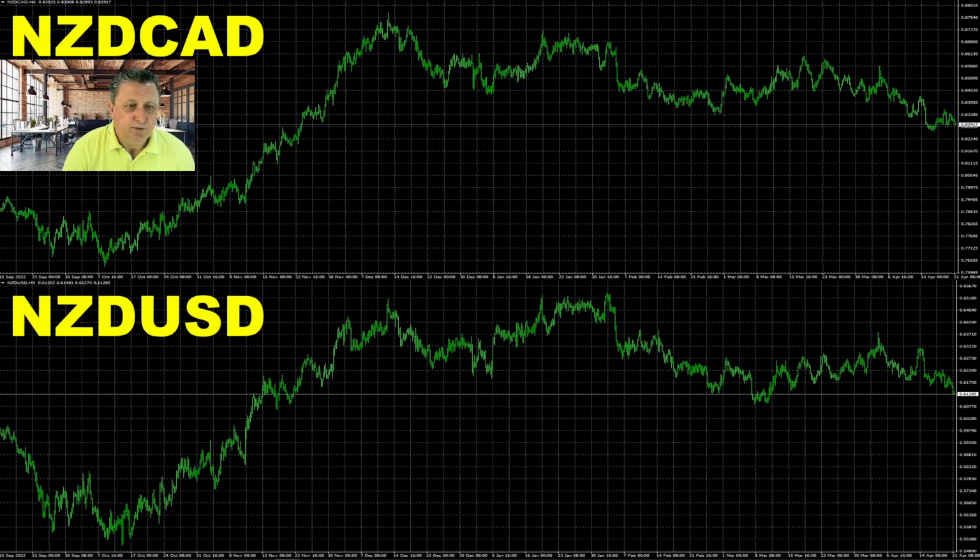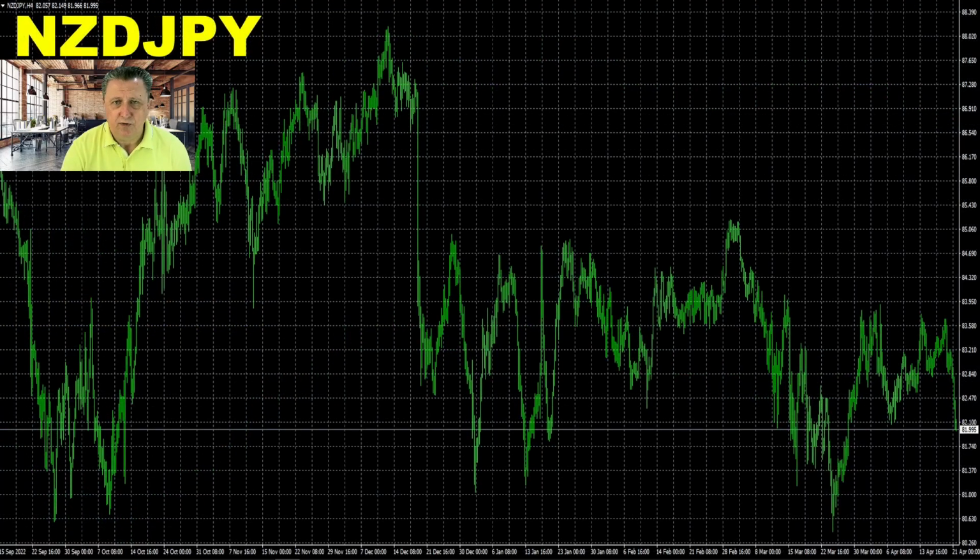So again, if you have a look at the trends, when one goes down, the other one goes down here. When one is moving up, so is the other one. And when they're moving sideways, so are both of them. So these are some of the ways where you can find different currency pairs, hedge them against each other, so you have a chance of better understanding the markets and where things are going.